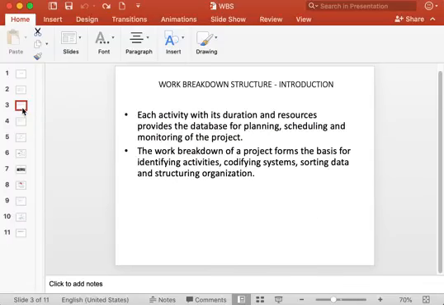Each activity with its duration and resources can provide the database for planning, scheduling, monitoring of the project.